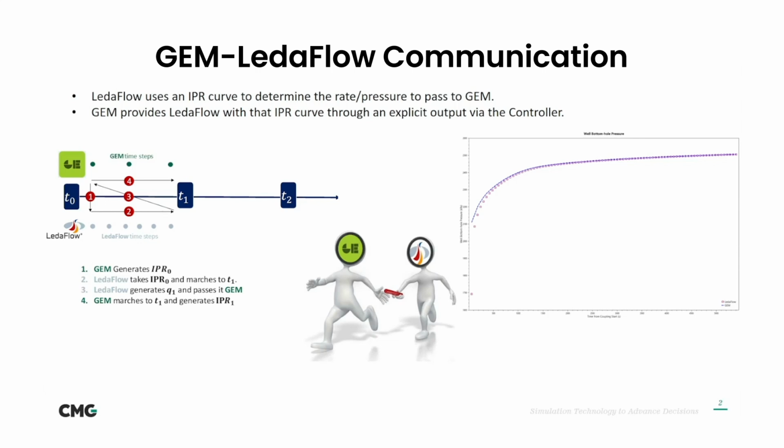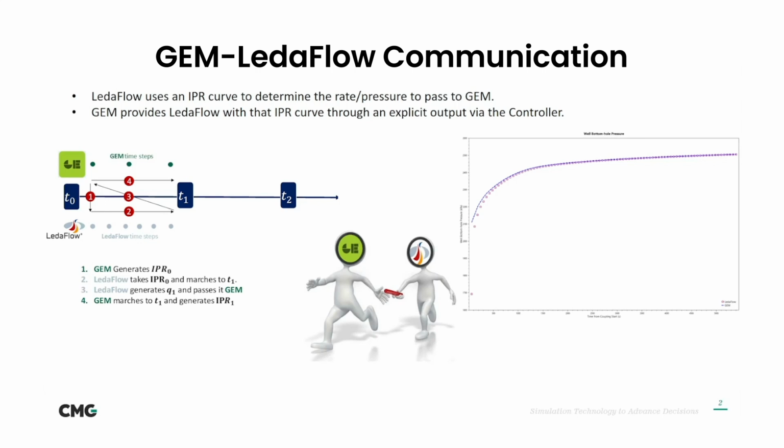GEM marches to time step 1 based on that rate constraint and generates IPR number 1, which will be used for the next time step, and this process will consequentially go to the end of the simulation.